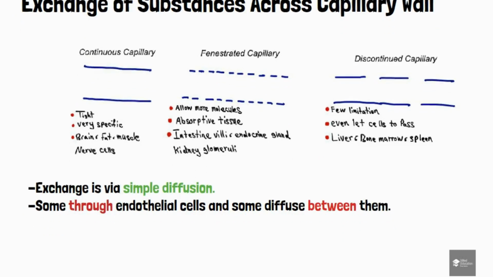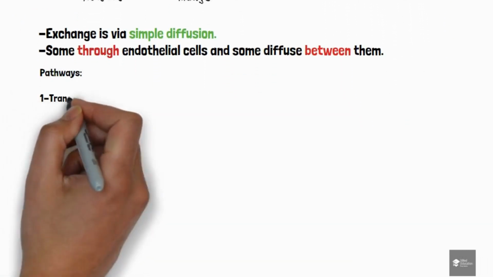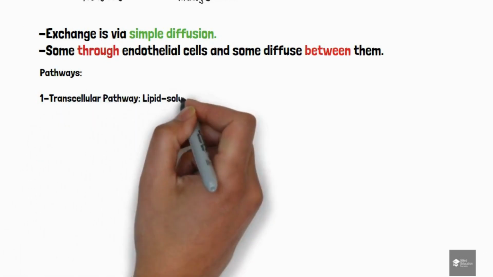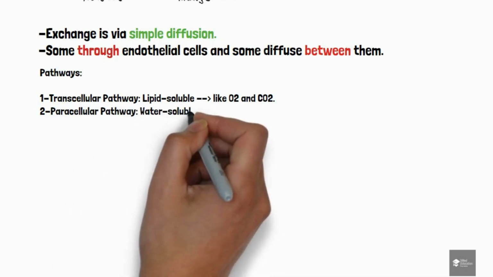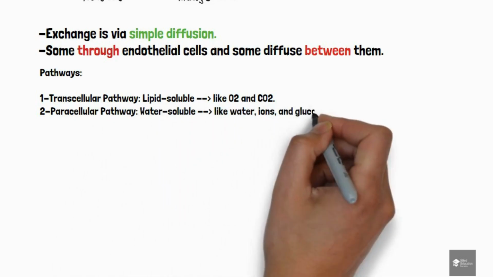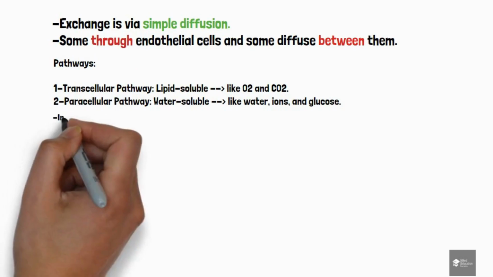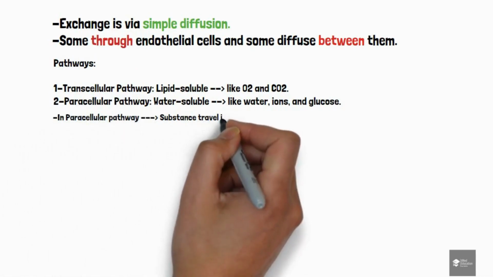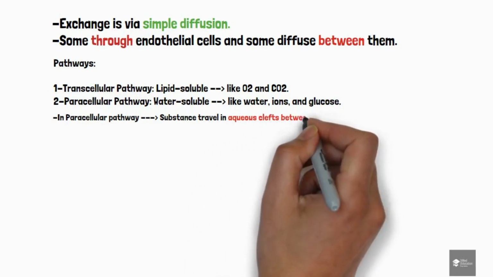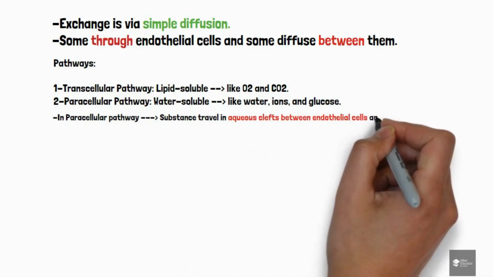Some substances go through the endothelial cell, and some go between the endothelial cells, and we call them two different pathways. The transcellular pathway is through the endothelial cell, and lipid soluble substances can pass, like oxygen and carbon dioxide. The paracellular pathway is for water soluble substances like water, ions, and glucose.